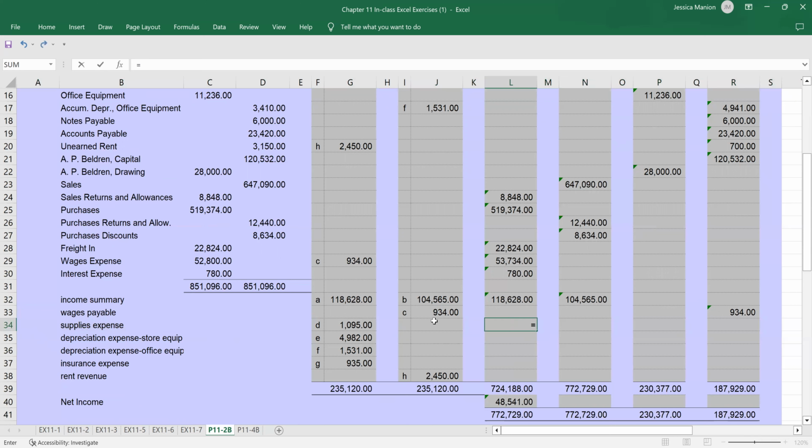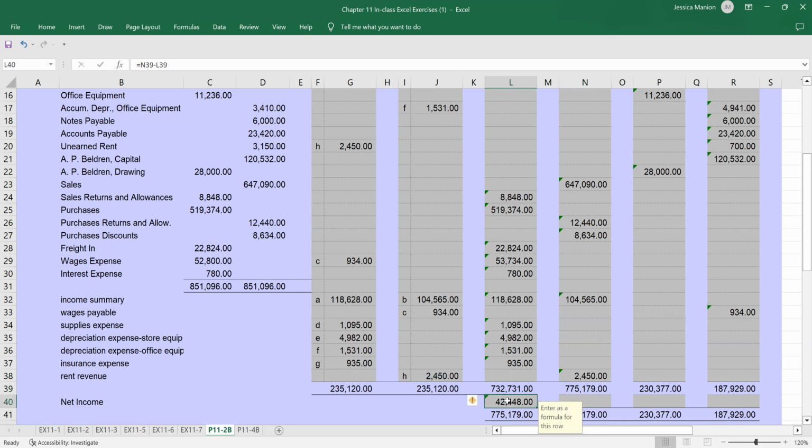So supplies expense had an adjustment for 1,095. Depreciation expense on the store equipment had an adjustment of 4,982. Depreciation expense on the office equipment, adjustment of 1,531. Insurance expense adjustment of 935. And then lastly, this rent revenue. And remember, revenue has a credit balance, so it goes in the credit column, had an adjustment of 2,450.